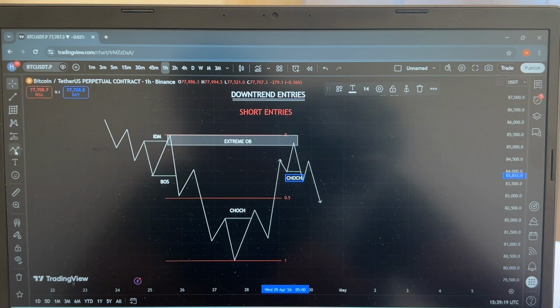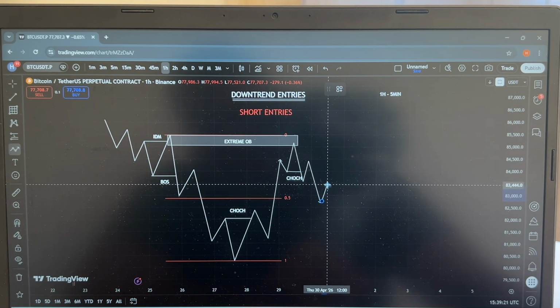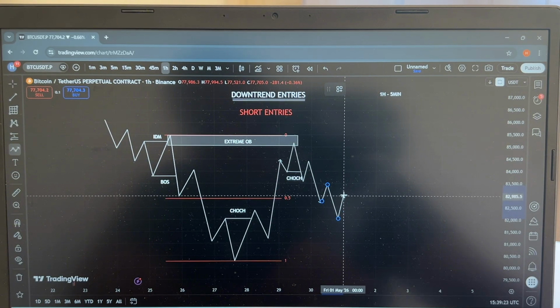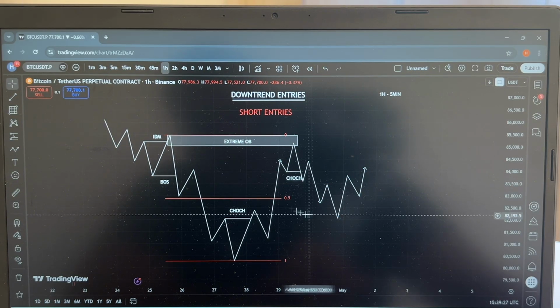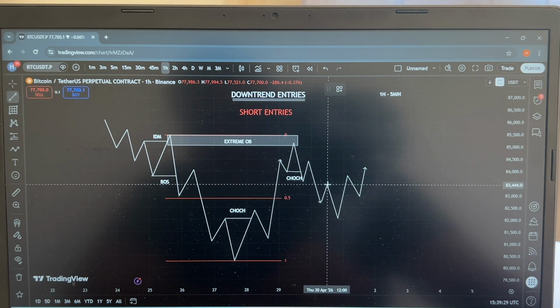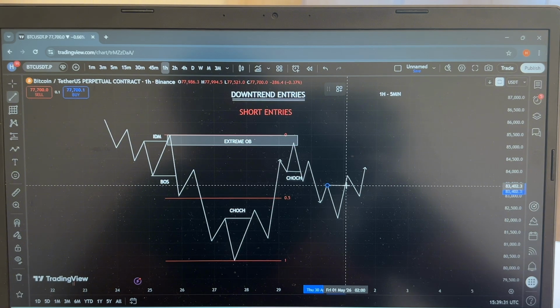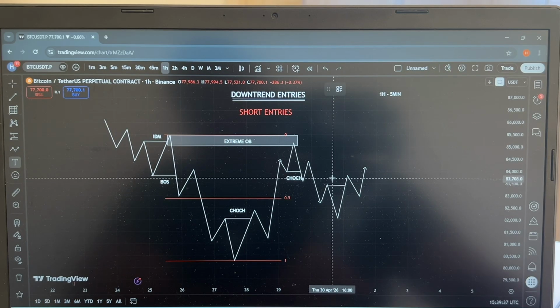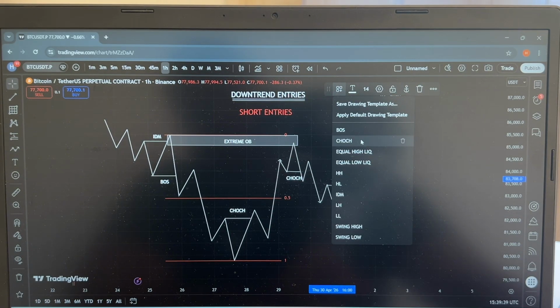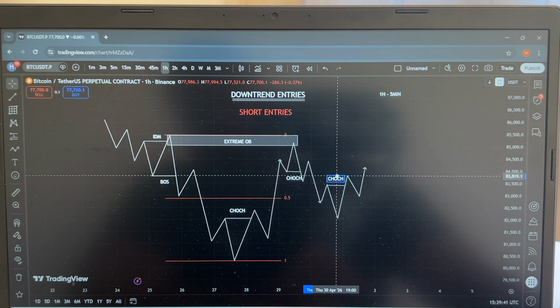Here we can see the market is going down and at some point it's going to make another change of character. Then you need to again mark that change of character, and this becomes a change of character again.